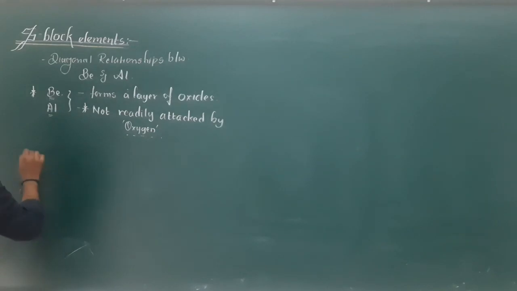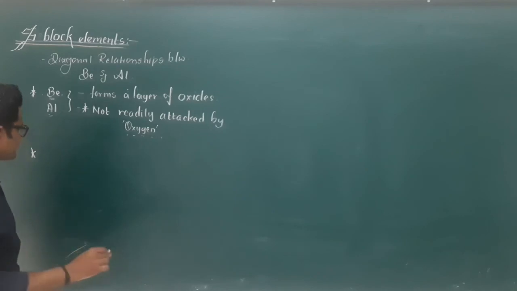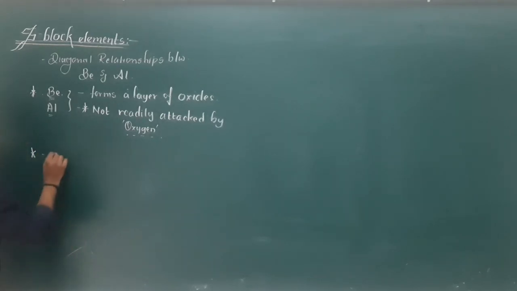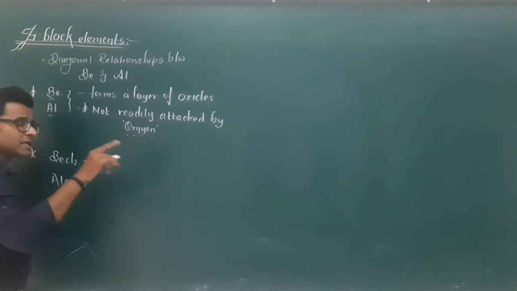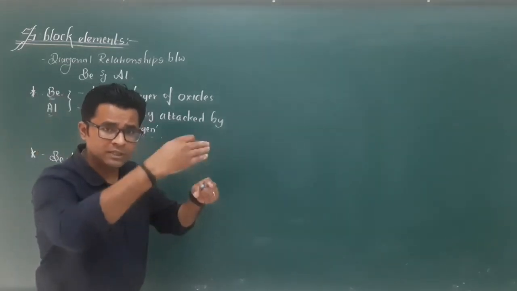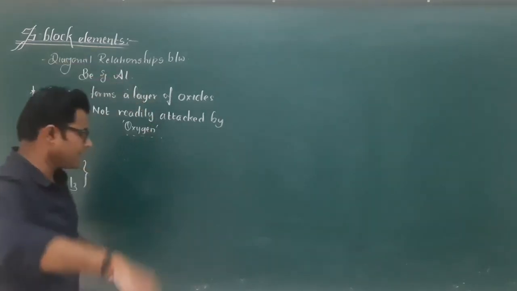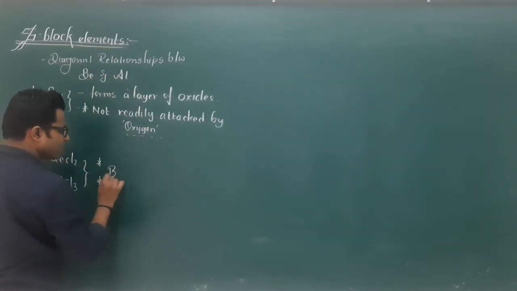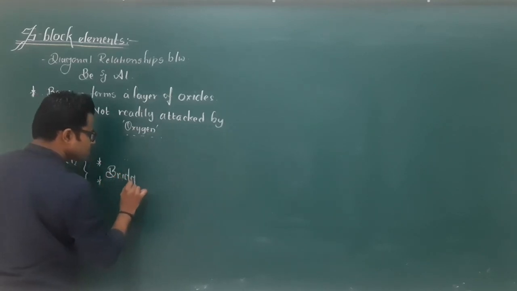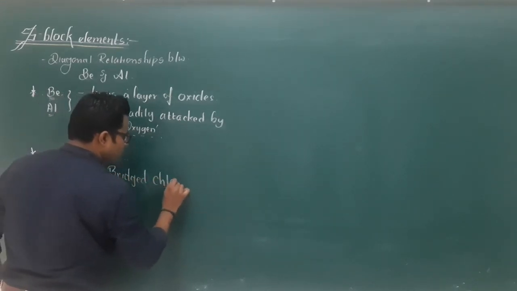The second thing about beryllium and aluminium is that in the case of halides, let's say beryllium chloride and aluminium chloride, both have bridged chlorides, like the chain type of structures we saw previously. In both cases we have the bridged chloride ion.